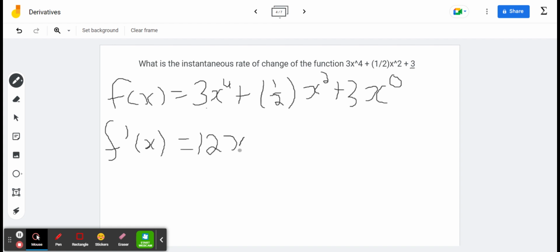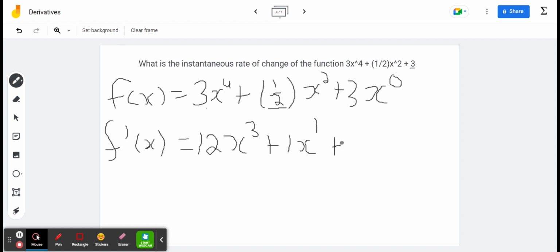So we get 12x cubed. And then plus, we're going to do the same. So 1/2 is our coefficient for the quadratic term. So then we're going to multiply by 2, our exponent. So 1/2 times 2 is 1. And we're going to subtract the exponent by 1, which is once again 1. So we're just going to have 1x to the 1, which is just x.